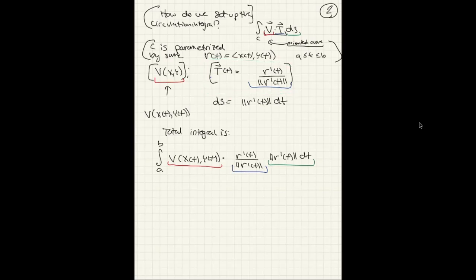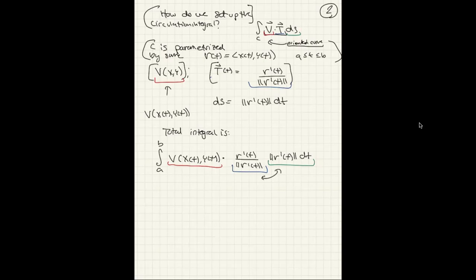And I'm not going to belabor this point too much, like why it needs to be the unit tangent vector. If you really see what happens, there's a beautiful thing that happens. Look down here in the blue and the green, we see cancellation. So a nice thing with circulation integrals, unlike scalar line integrals, is that you don't necessarily need to compute the magnitude.